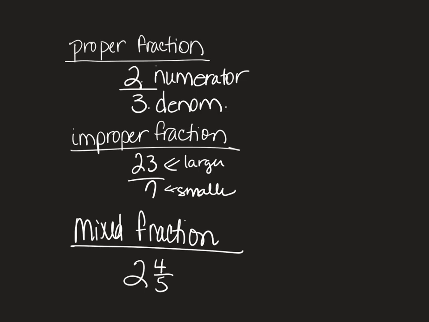Okay, so moving on here. We'll be asked to write an improper fraction as a mixed fraction and a mixed fraction as an improper fraction. So if you were given 3 3/5, you could recognize that this is a mixed fraction. And in order to change this mixed fraction to an improper fraction, you use this method.